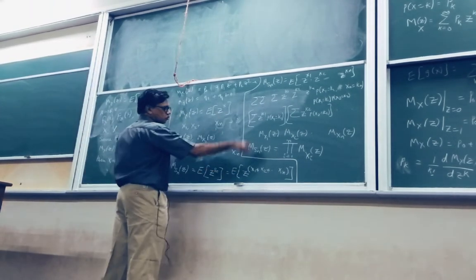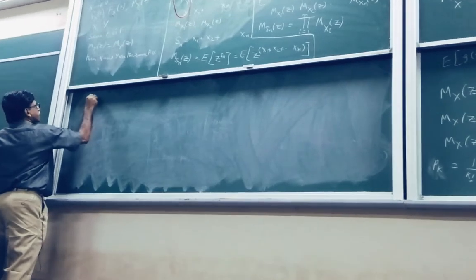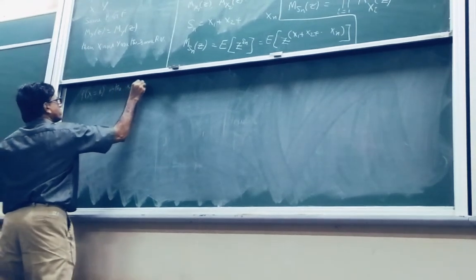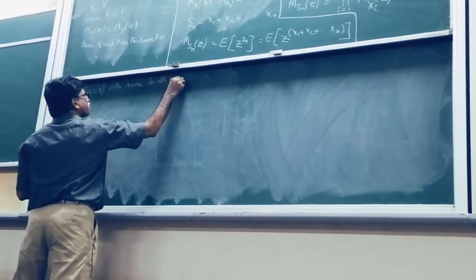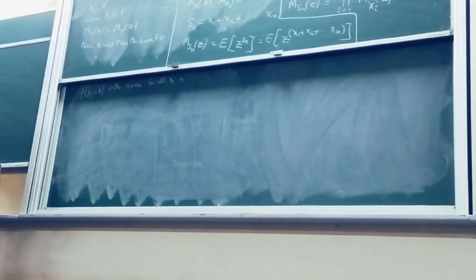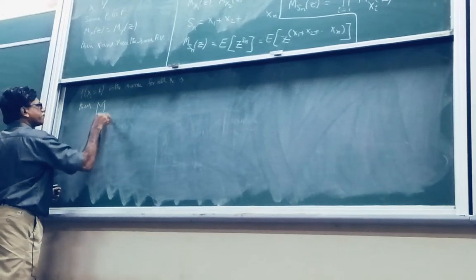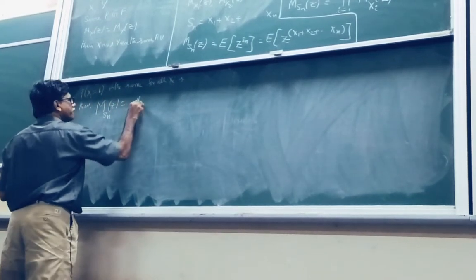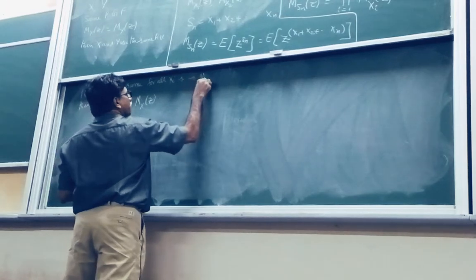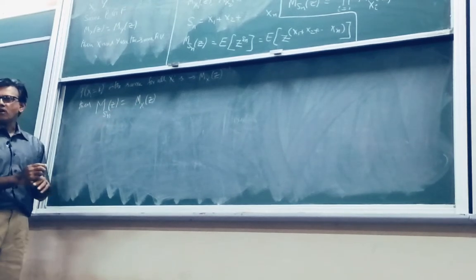Now we have seen two things. In particular, if the probability that Xi equal to k is the same for all Xi's, that is, all random variables X1, X2 to Xn have the same PMF, then the PGF, which is the same for all i, we will call the PGF of any one of them.